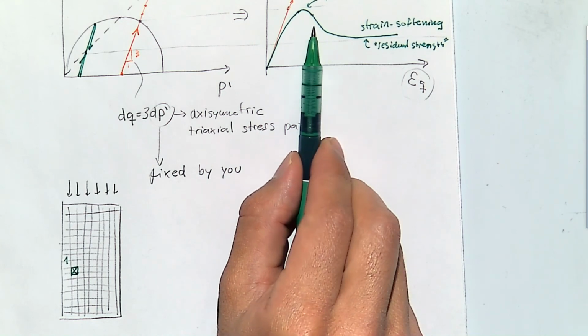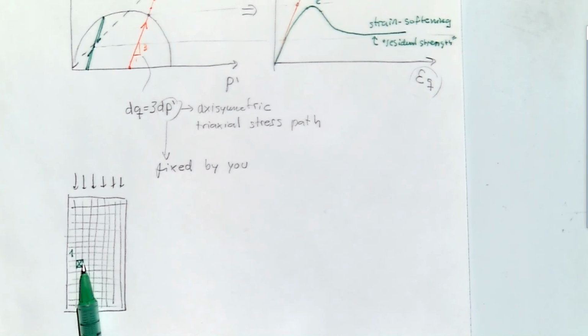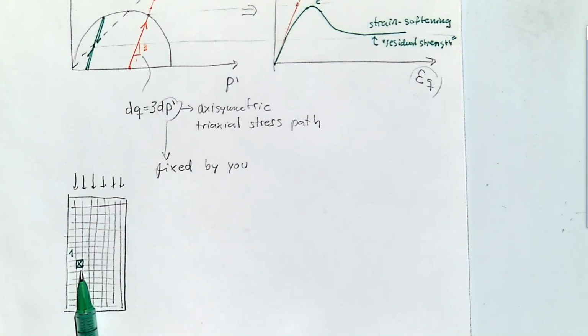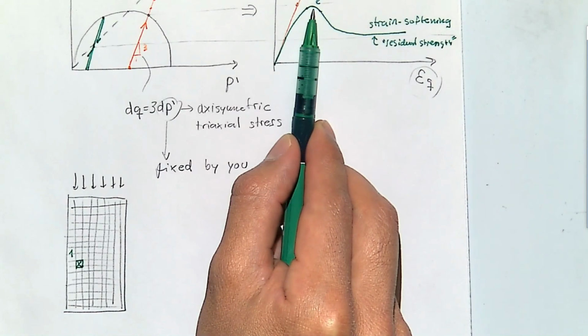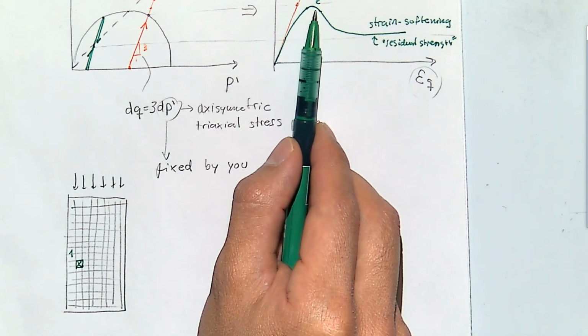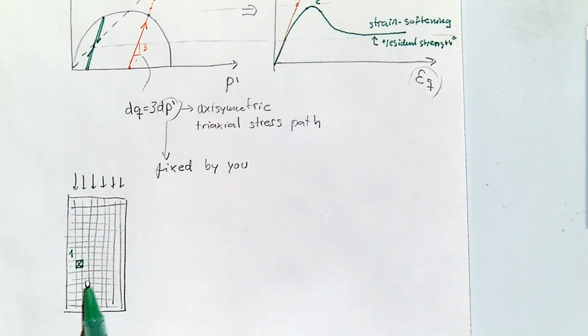And the result of that is that because this element doesn't want to carry such a high stress anymore, because it already broke, which elements do you think are going to take that stress? The surrounding, the adjacent elements, because once this releases the load, the elements next to them have to take it.